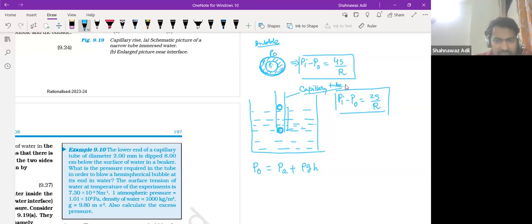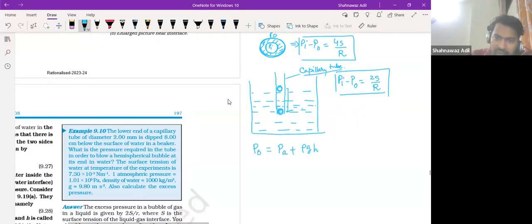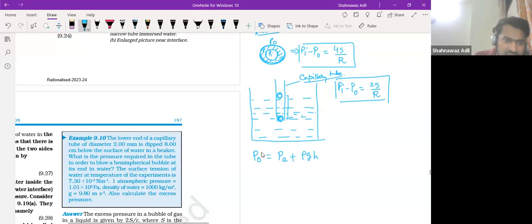And we know the atmospheric pressure. PA is 1.01 into 10 to the power 5 Pascal. Rho is 1000 kg per meter cube.